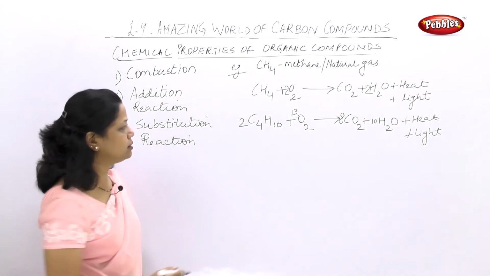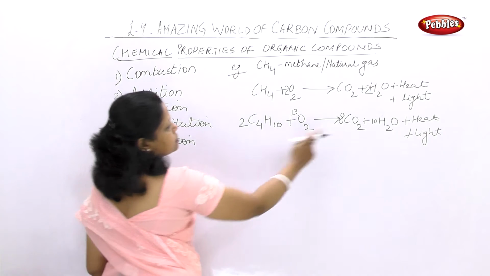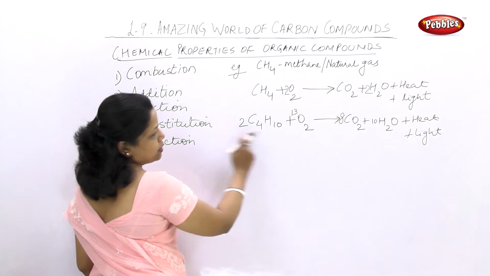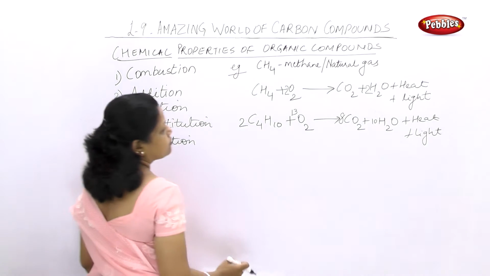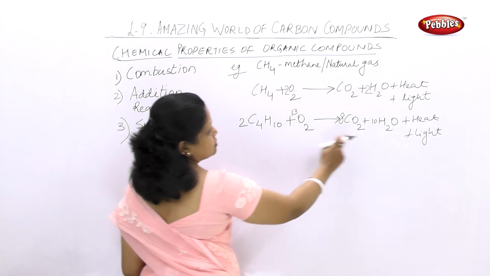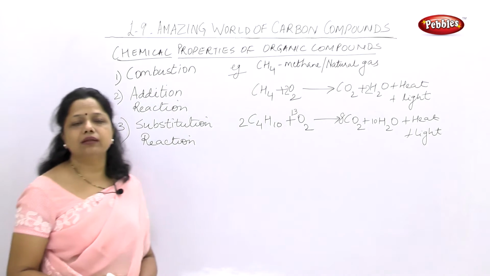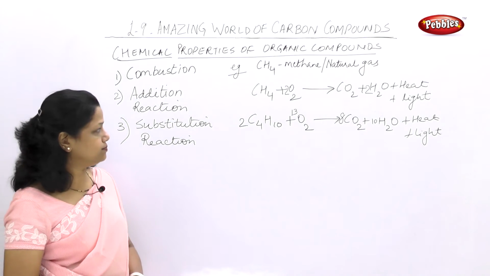This is how you will balance. See, 2 4s are 8, so 8 I have written. Hydrogen 10 into 2 is 20, 10 into 2 is 20, 13 into 2 is 26, here 10 and here 16, so 26. This is how we balance a chemical reaction.